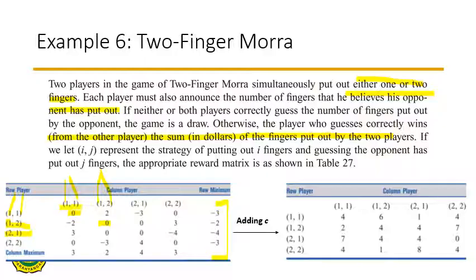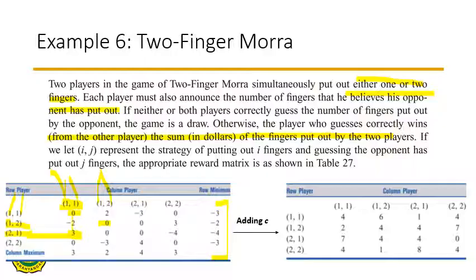And in this case, indeed, the column player puts out one finger. But the column player is wrong because he guesses the row player will put out two fingers. So in this case, the row player wins, and he wins $3 because the sum of the fingers is 3, 2 from the row player, 1 from the column player.